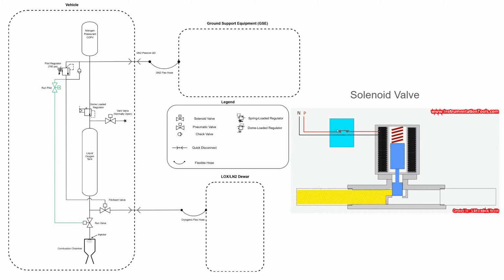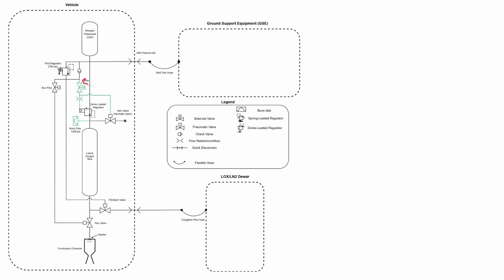Our second solenoid on the vehicle relates to pressurizing the tank, and we call it dome pilot. So it has two connections. The first connection is to the dome-loaded regulator, and that's where it gets the name dome pilot. So when the pressure flows through this line and goes into the dome-loaded regulator, it pressurizes that cavity above the diaphragm, and it essentially primes this dome-loaded regulator, and it allows gas to flow from the COPV into the tank.